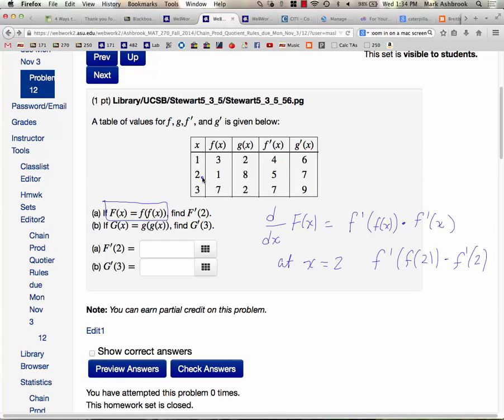We come up here, when x is 2, f of 2 is 1. So that first term will be the rate of change of f when the input is 1. What is that? That's 4. So this whole thing then is 4, times the rate of change of f when the input is 2, which is 5. So then this is equal to 20.